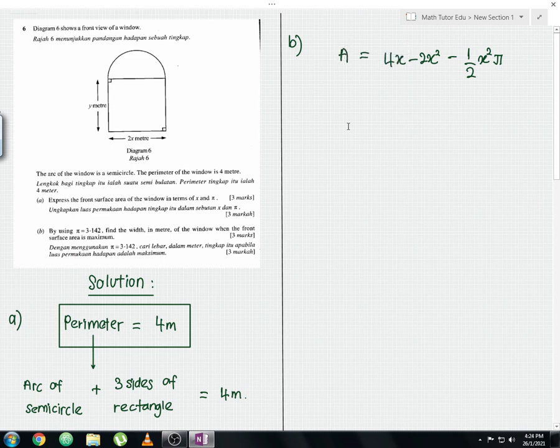Since the question is asking for the surface area to be maximum, this is an indication that we need to do differentiation. So we need to differentiate area with respect to x.